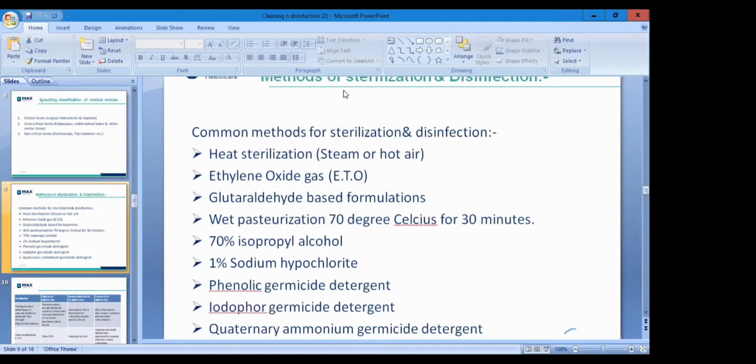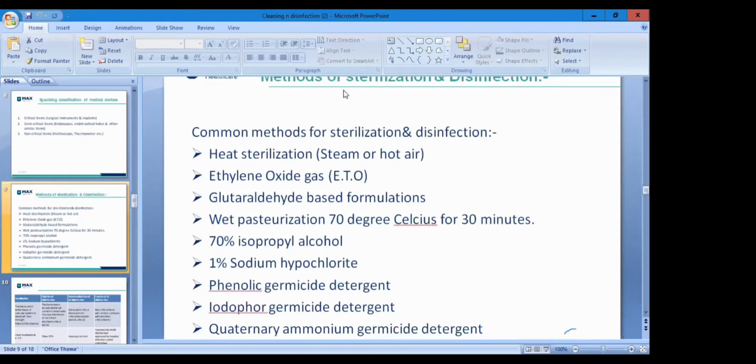1% sodium hypochlorite solution is usually used for cleaning all surfaces. Our floors are cleaned with 1% hypochlorite solution, and the bedside bed rails and all hard surfaces are cleaned with 1% sodium hypochlorite solution. Phenolic germicide detergent is again used for non-critical items.